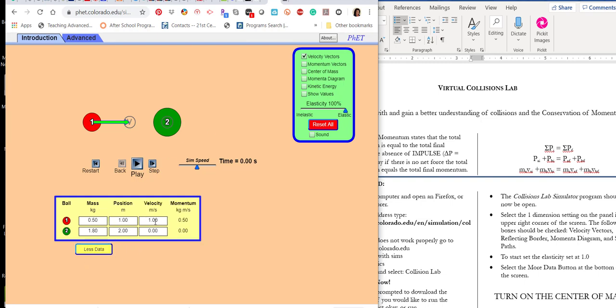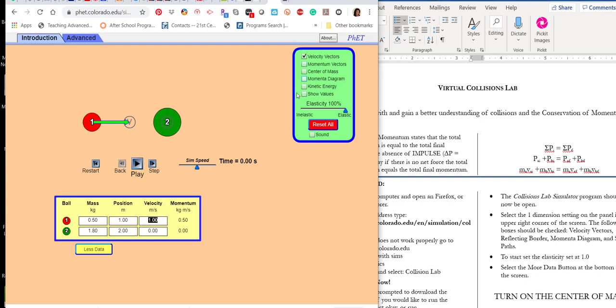We also have control over what the initial velocities could be. You see this one has a mass of 0.5. It's at a position of 1 meter away. And then we have the velocity initially, and you see it's positive, so it's pointing to the right.